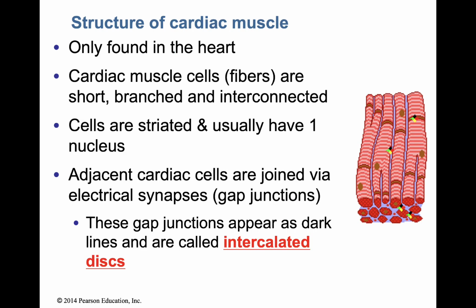Cardiac muscle, like the name states, is found in the cardiac region, and it's going to only be found in your heart. These guys are branched in their appearance. They are striated. They can be multinucleated. And they're connected by a specialized junction, which you see as these dark bands here. They're called intercalated discs.